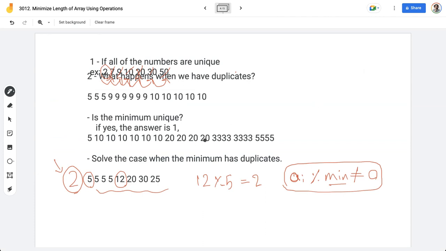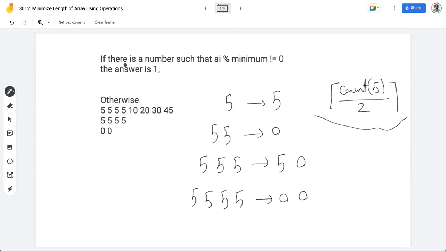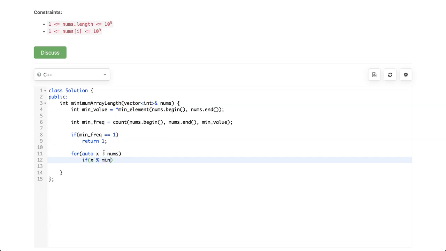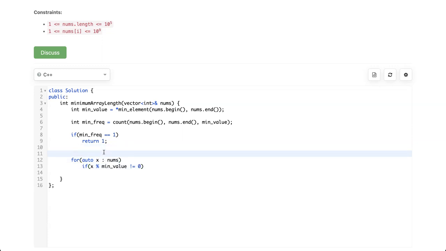That's it. Otherwise, check if there is a number such that a_i % minimum is not equal to 0. So for auto x in nums, if x % min_value is not 0, I'm going to set found_number equals true.